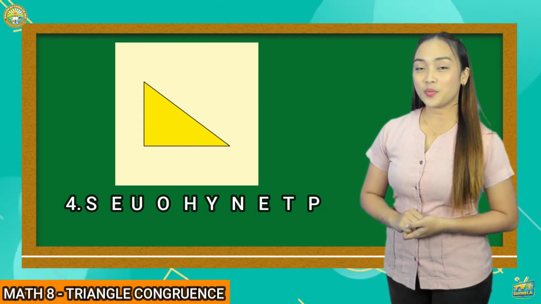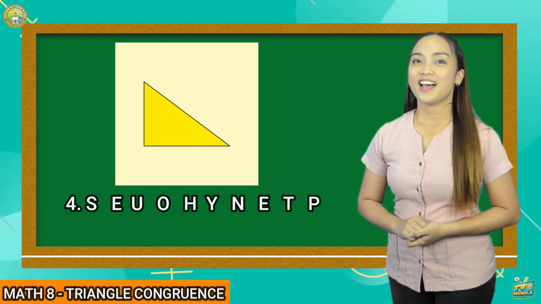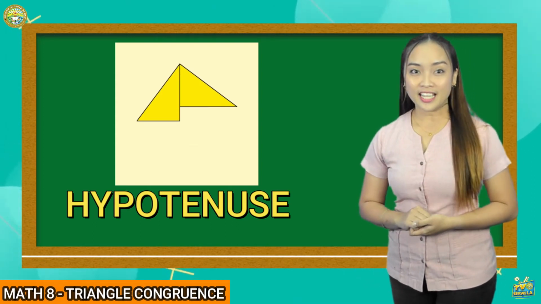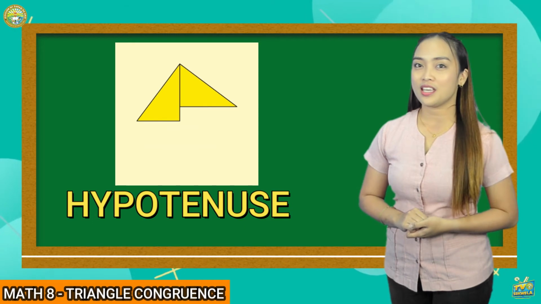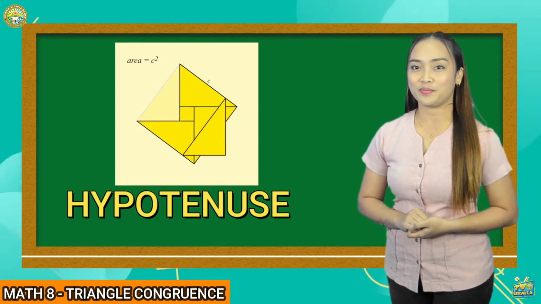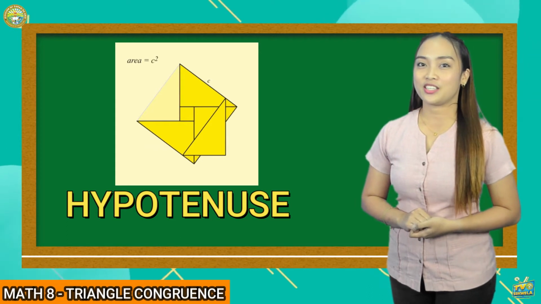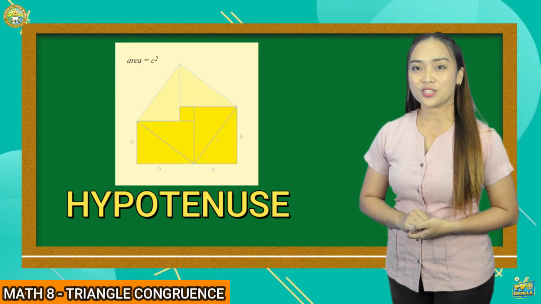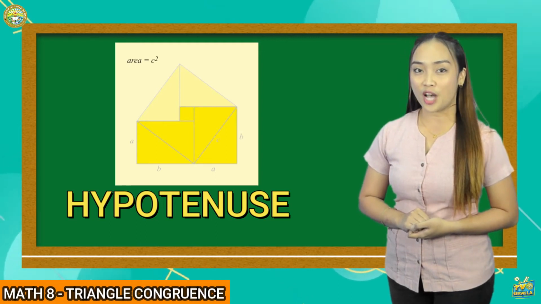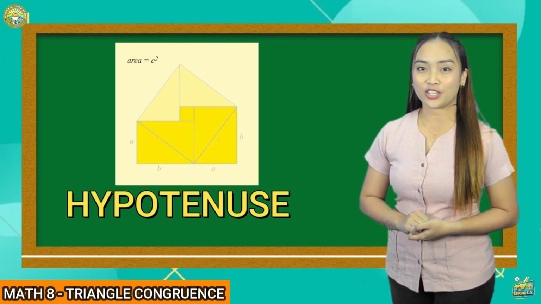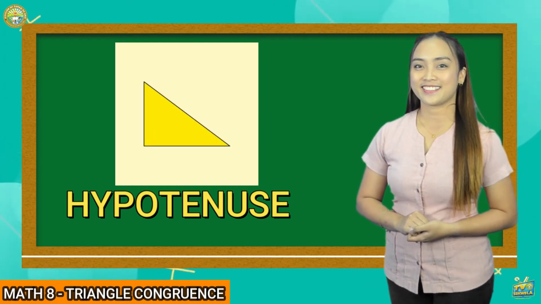The correct word is hypotenuse. Nice job! The length of the hypotenuse can be found using the Pythagorean theorem, which states that the square of the length of the hypotenuse equals the sum of the squares of the length of the other two sides.